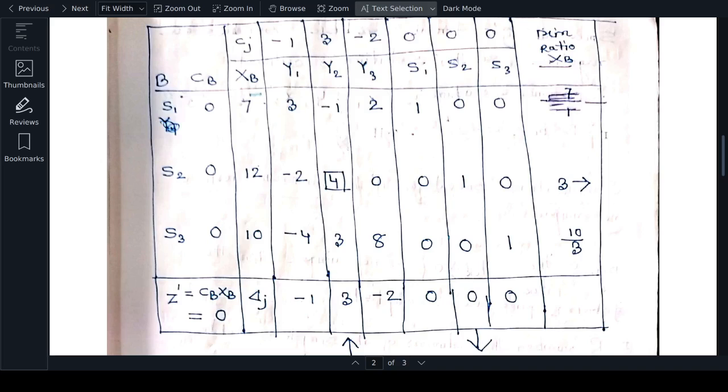So this S2 will be our outgoing. You see, I have marked the outgoing with an arrow. So next, our pivot element will be what? 4. What is our pivot element? 4. Clear everyone?